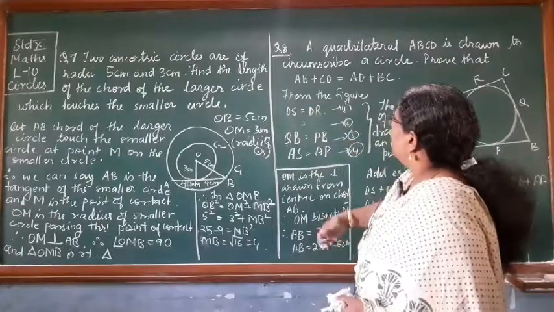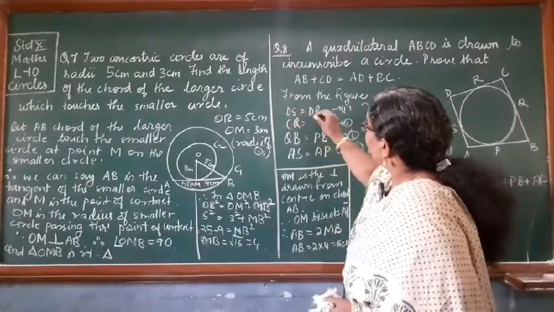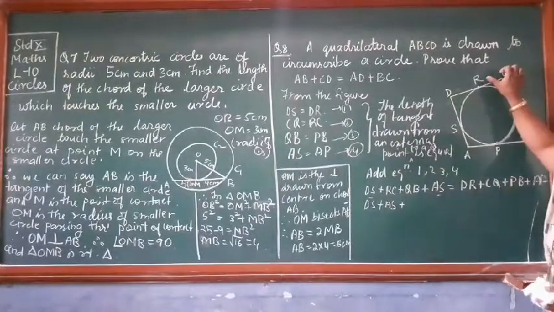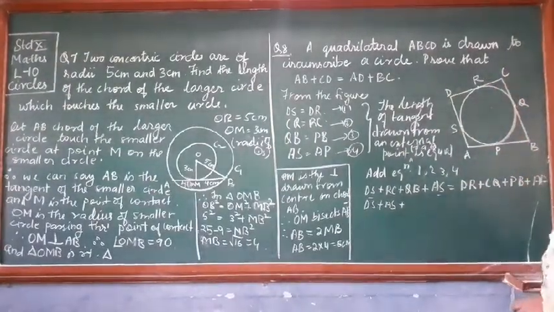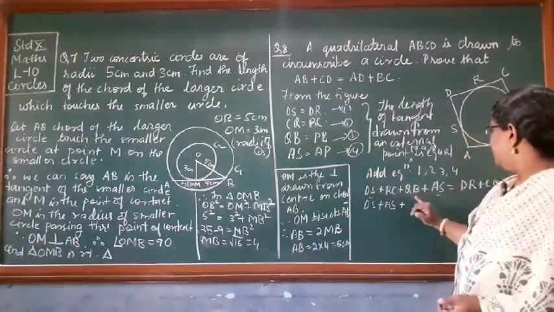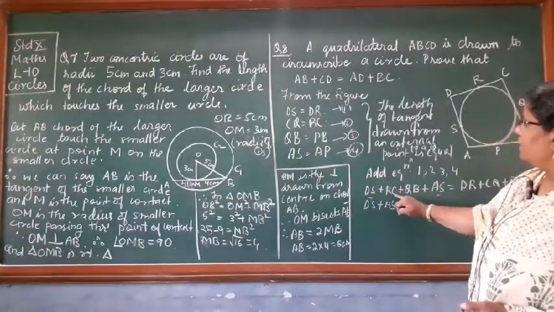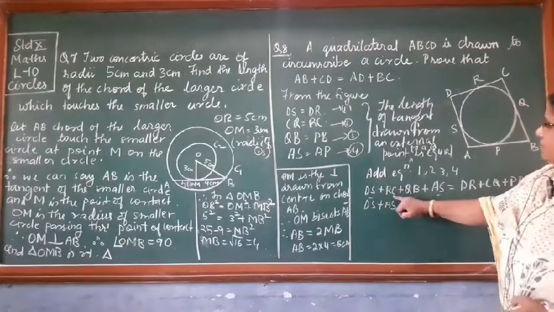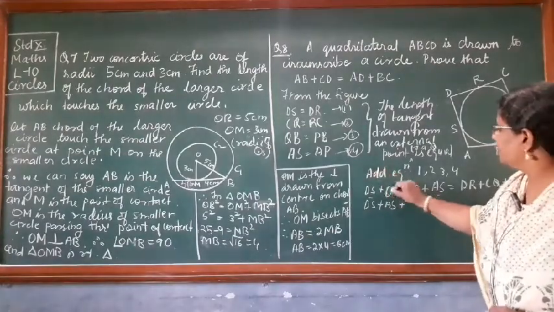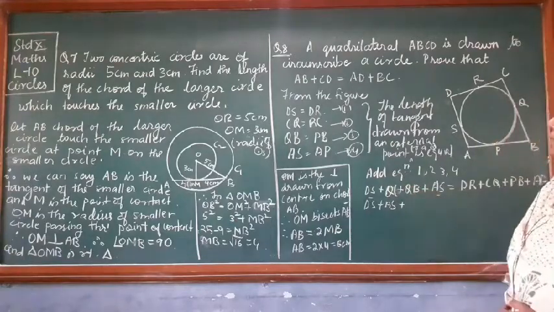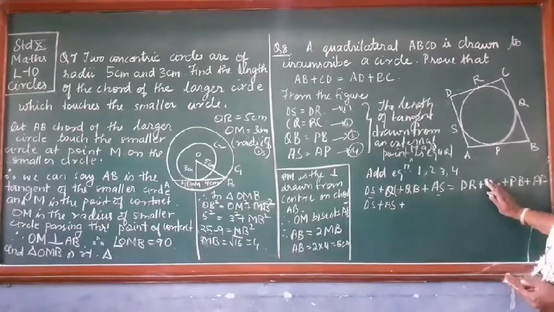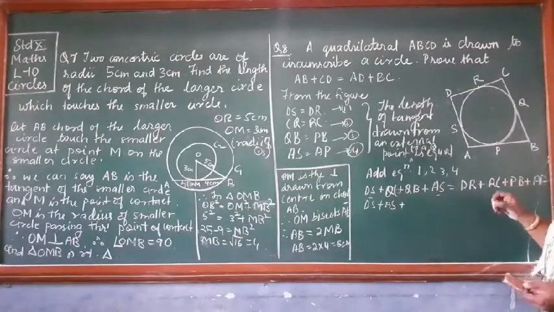I will write it as CQ is equal to RC. वो भी तो सही है ना, CQ is equal to RC. ठीक है? So instead of RC, I should write it as QC. Okay? And here CQ के जगह हम क्या लिख सकते हैं? RC.